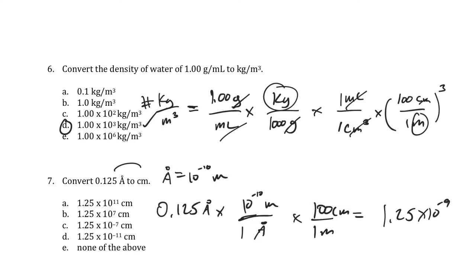That's not an answer. Let me double check my arithmetic here: 0.125 times 10 to the minus 10 meters, 100 centimeters, times 100. Is that really none of the above? I guess it would be none of the above. So we'll take the answer to number 7 as none of the above, because it should be 1.25 times 10 to the minus 9, and it's none of the available choices.